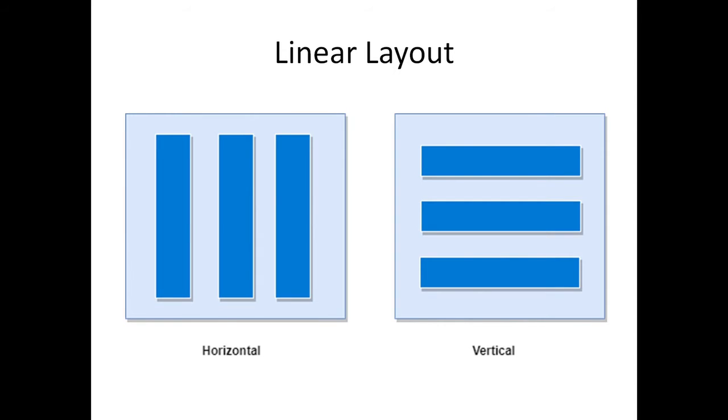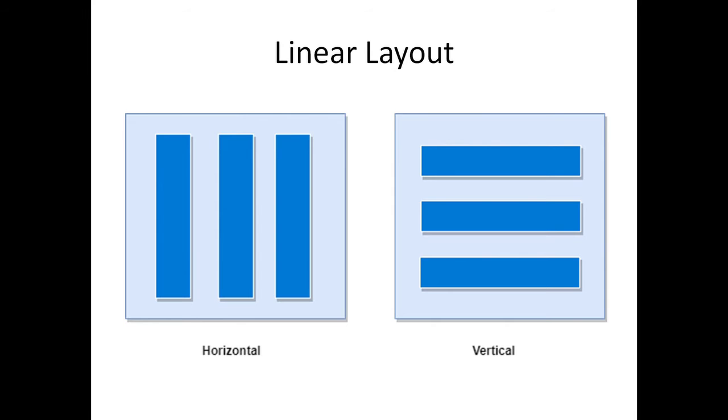This is a pictorial representation of linear layout, horizontal linear layout and vertical linear layout. In linear layout, the child view instances are arranged one by one, so the horizontal list will have only one row of multiple columns and the vertical list will have one column of multiple rows.